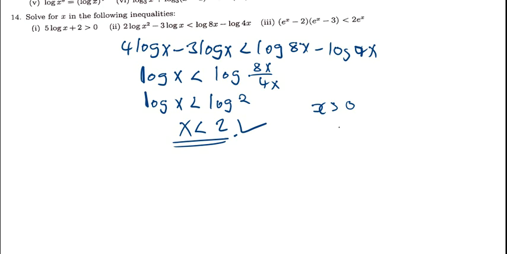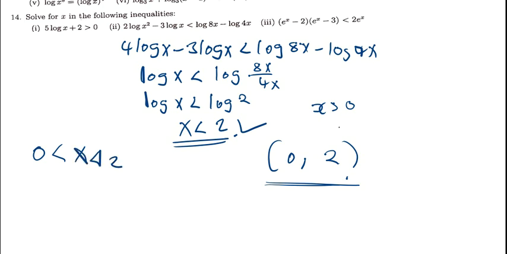So I'm supposed to say the values of x should be starting from 0 all the way to 2. So I'll say 0 less than x less than 2. So this is the answer, the value of x.